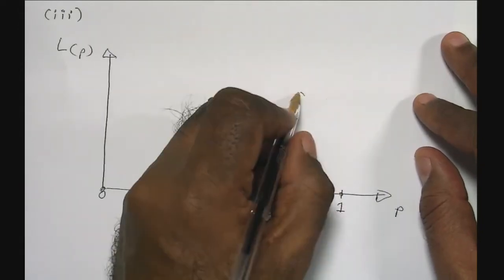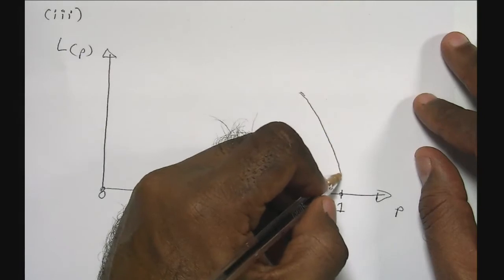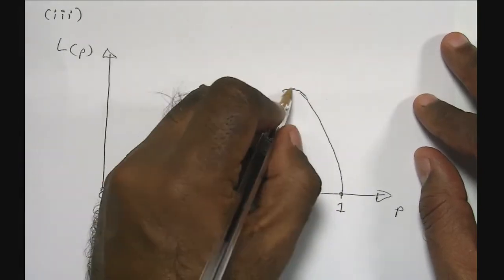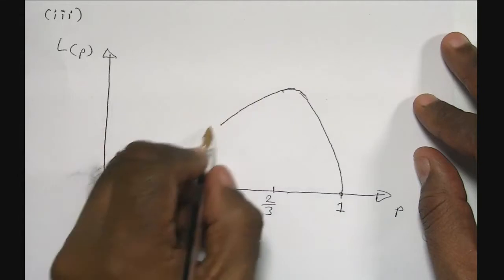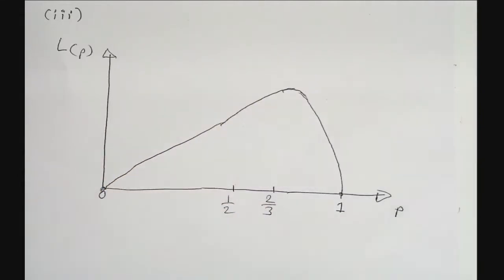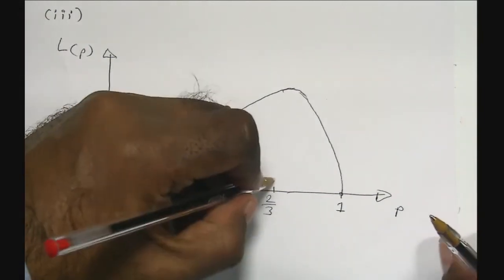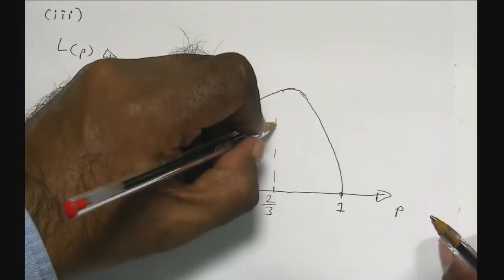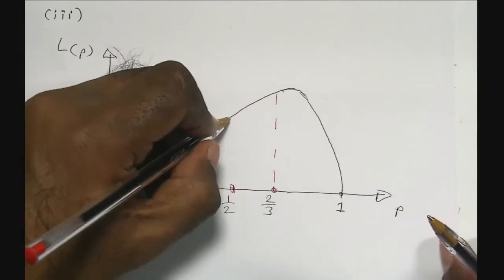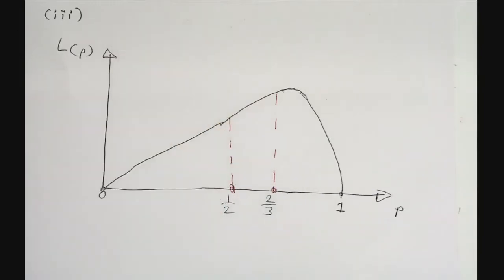It will look something like this, guys. The 2/3 will be somewhere here, your half will be somewhere here, right?